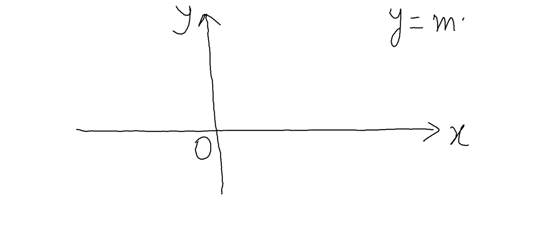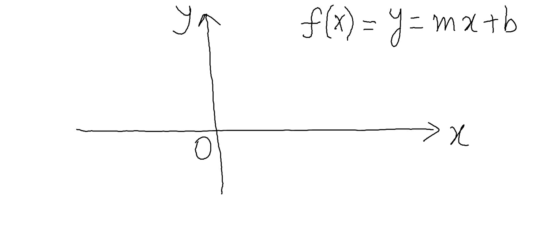Alright, so if we now draw any straight line, we draw the axes, the x-axis, y-axis, and the origin, and the equation of the line in the general form is y equals mx plus b, where y is also called the function of x.